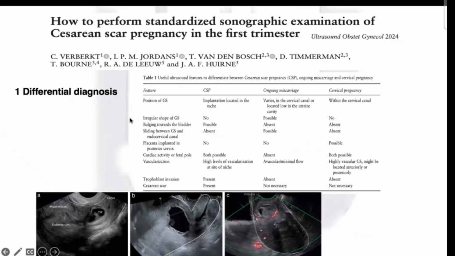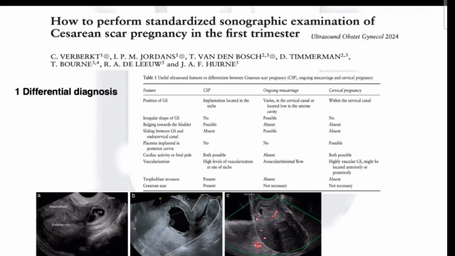The first is the differential diagnosis, and I want to repeat it, between cervical pregnancy and gestational scar pregnancy. That means here is the scar pregnancy, and the cervical pregnancy is inside the cervical canal. Then we have also the differentiation from lower pregnancy inside the uterus, which are over the internal os.